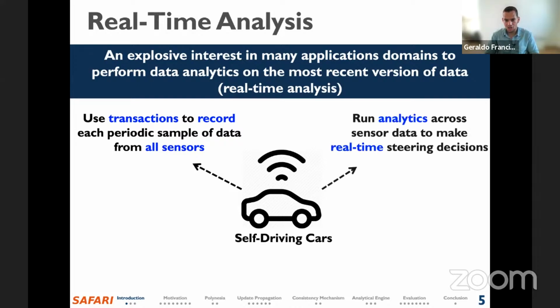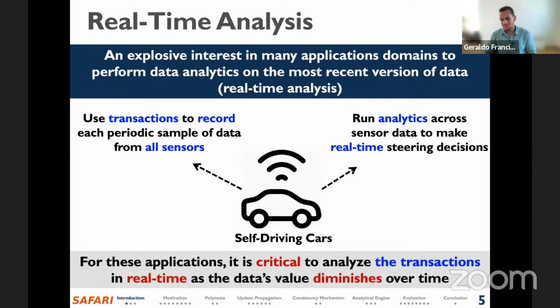And typically there is some form of learning model running the car itself or in the cloud that needs to apply decisions based on the real-time data that has been collected. Other applications that require real-time data analysis include fraud detection, personalized recommendations, and also healthcare monitoring. Therefore, for these applications, it's critical to perform data analytics on the most recent version of the data, since the value of the data diminishes over time.